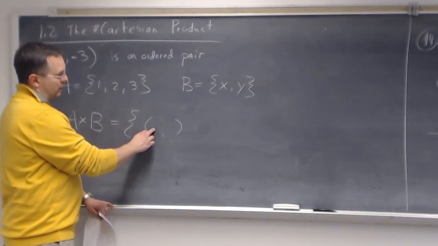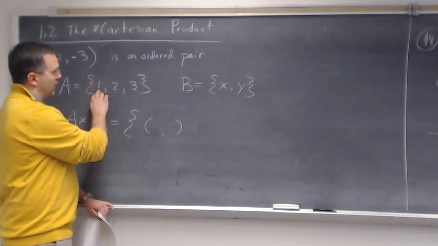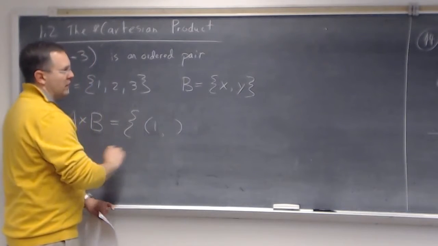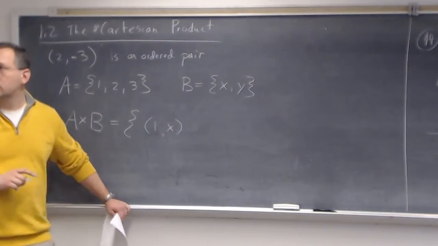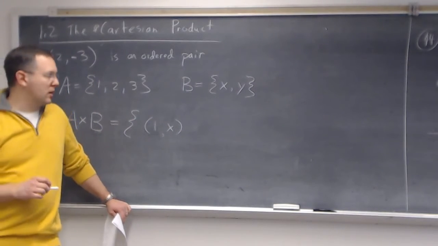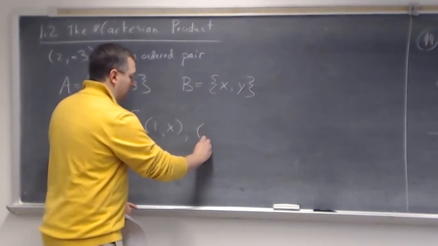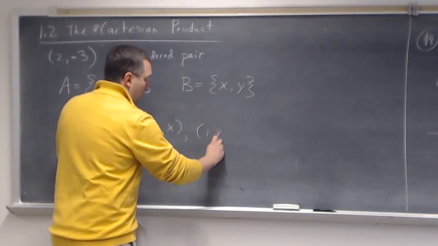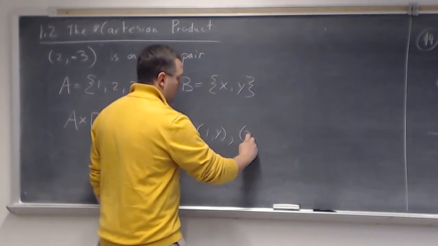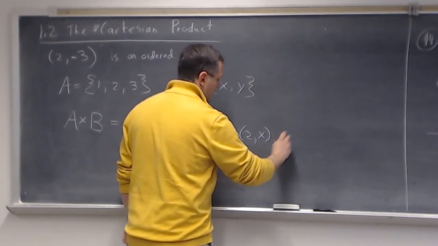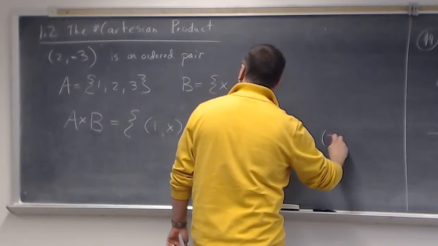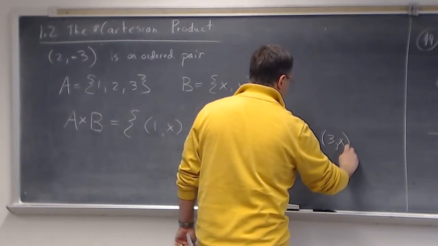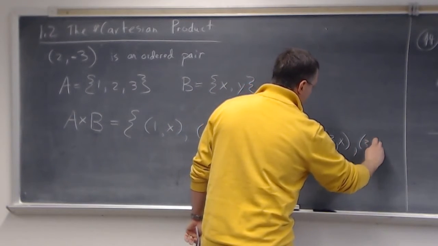I'm going to take first coordinates from A, like 1, and the second coordinate is going to come from B. So 1x is an element of this Cartesian product. The other elements are 1, y, 2, x, 2, y, 3, x, and 3, y.